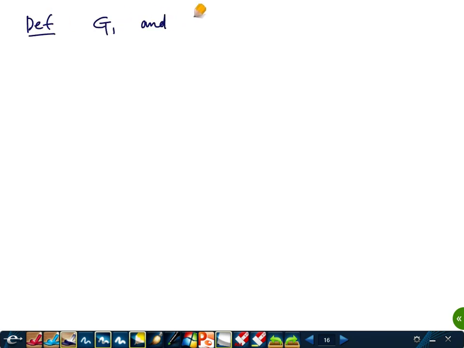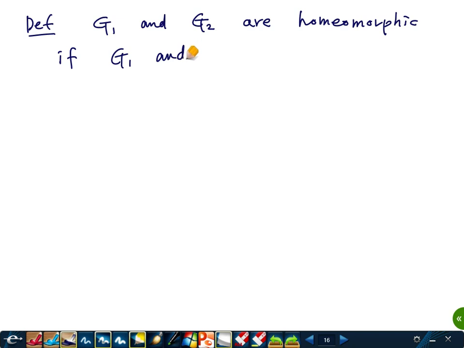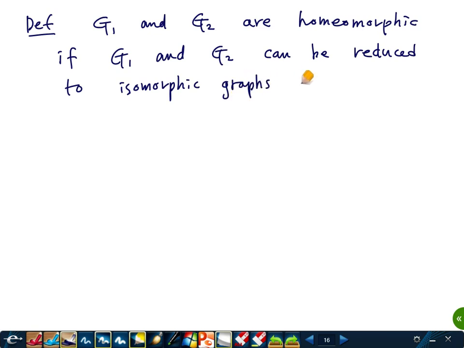G1 and G2 are homeomorphic if G1 and G2 can be reduced to isomorphic graphs by a sequence of series reductions.